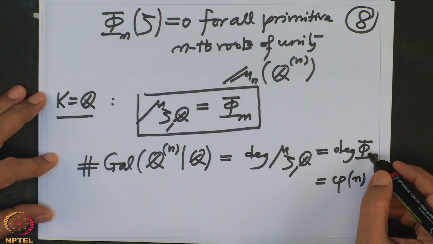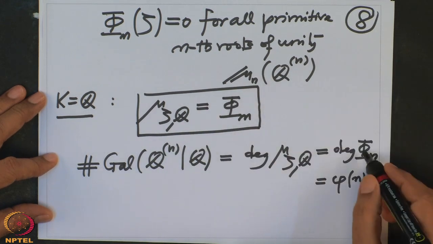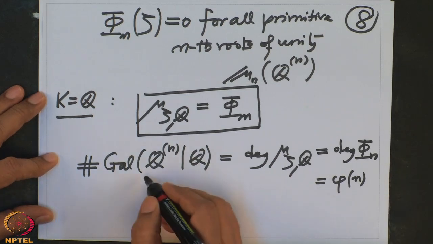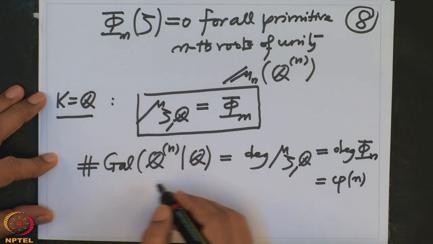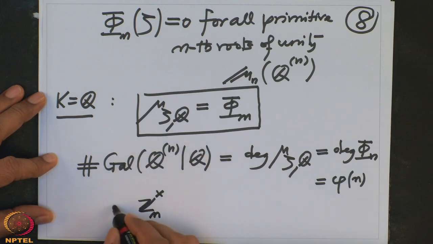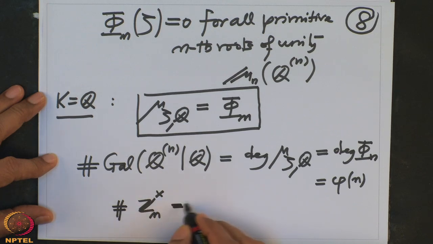precisely the product of all linear factors, which correspond to the number of elements of order n in this group, and they are precisely phi n. So this is precisely the degree phi n. On the other hand, this was a subgroup of the unit group of Z mod n cross, and therefore this order was a divisor of this, but the group of this order is also equal actually.